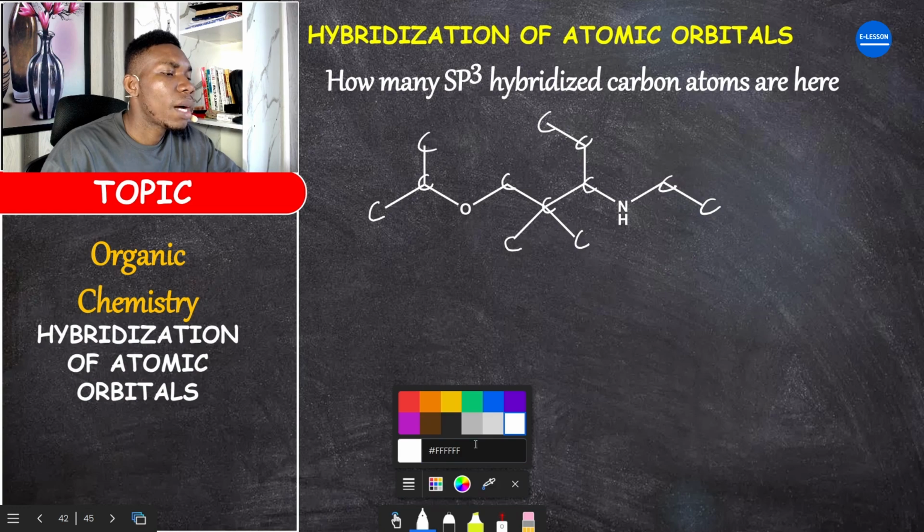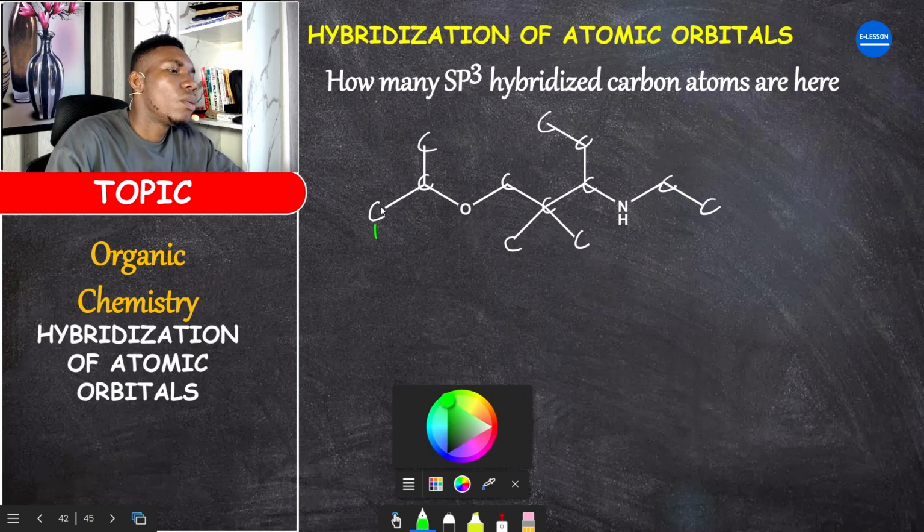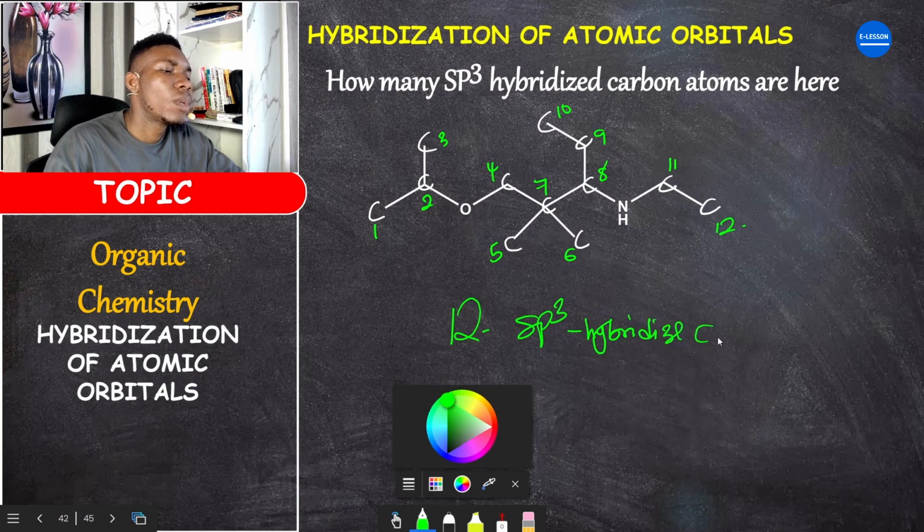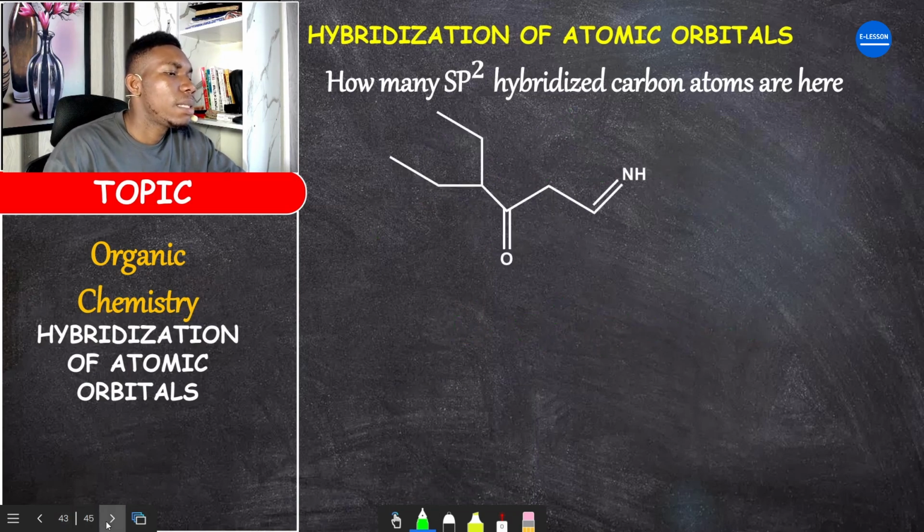So if we want to count, it's going to be 1, 2, 3, 4, 5, 6, 7, 8, 9, 10, 11, 12. So we have 12 sp3 hybridized carbon atoms. All right, let's see the next one.